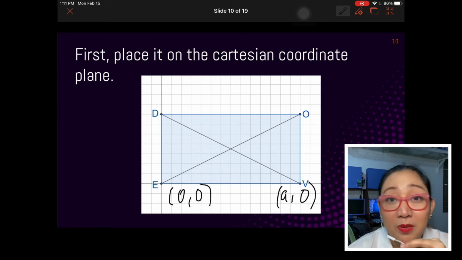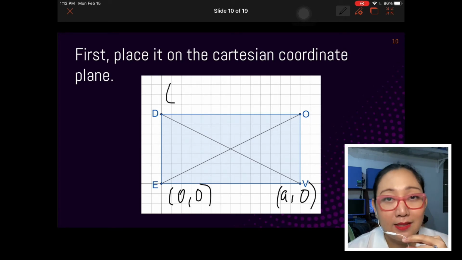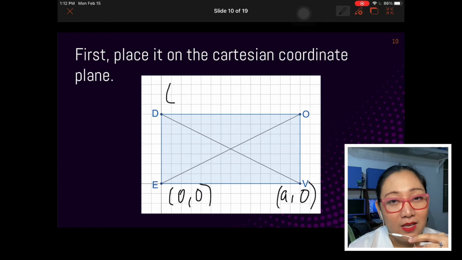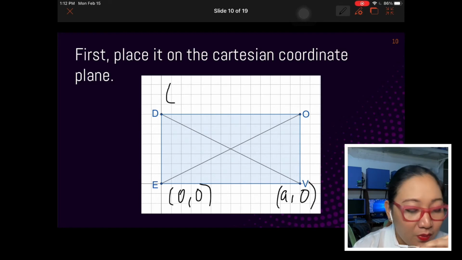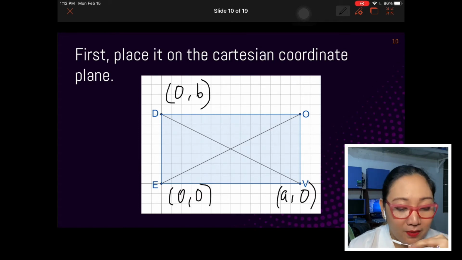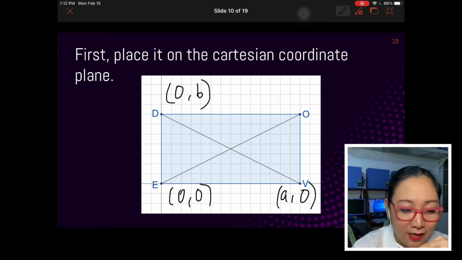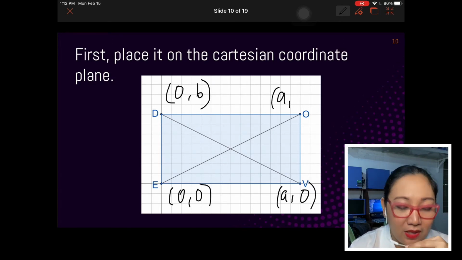Now, let's go to D. D is some units above the origin, but its x-coordinate is 0 because it is exactly on the y-axis. So we give the y-coordinate a random variable B. Now, what are the coordinates of O? They are (A, B).